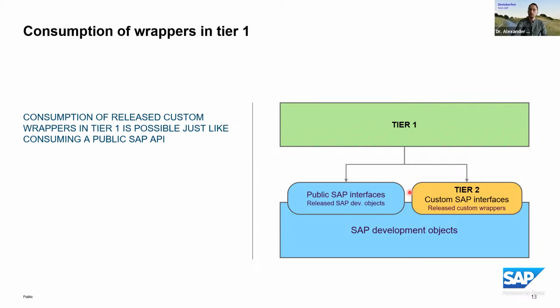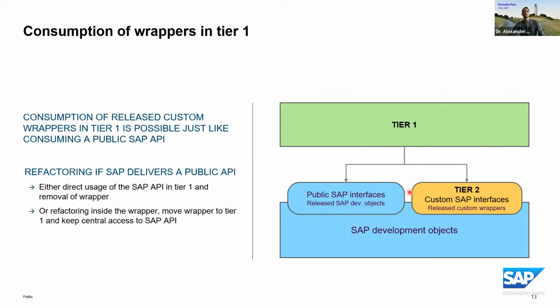Nothing special. Now imagine SAP delivers a replacement for your wrapper because you raised a customer influence request and then SAP answered and delivered that API. Then, of course, you have two possibilities. Either you throw away your wrapper and in your tier 1 development, you directly use the public released SAP interface.